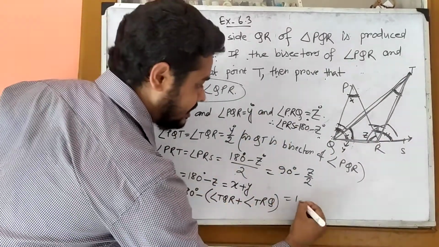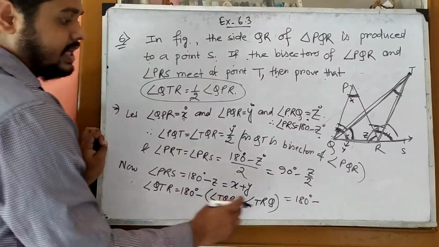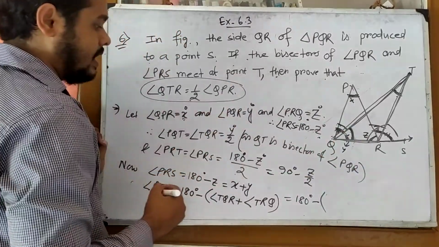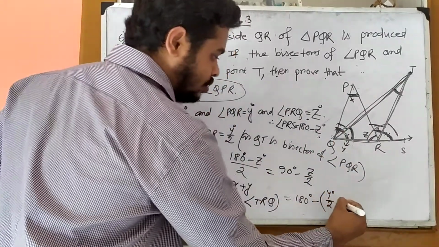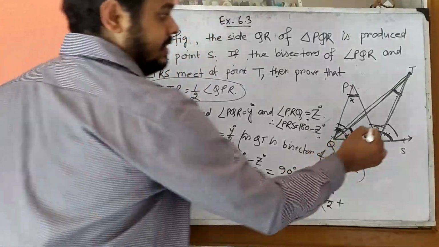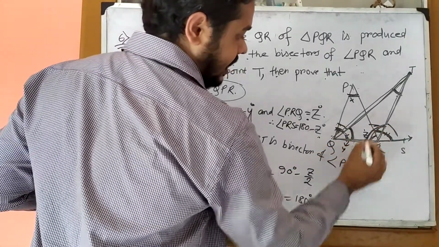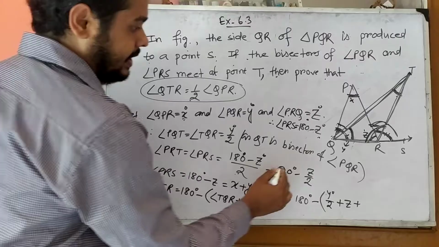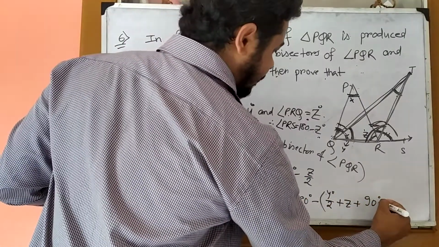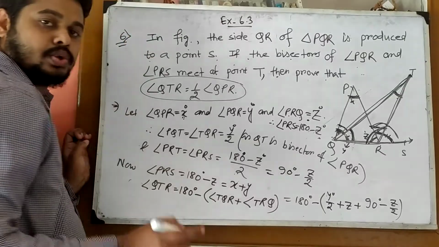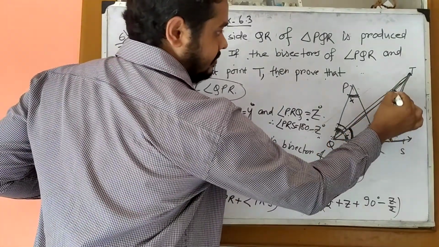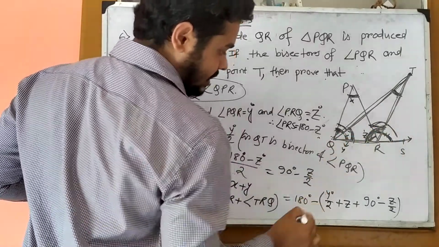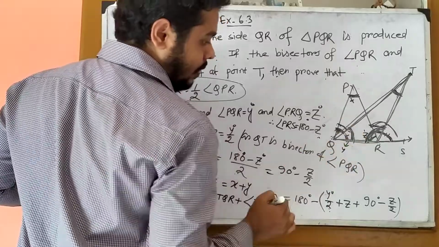Now TQR: the whole angle is y, therefore this portion is y by 2. I repeat once again: this angle equals 180 minus the sum of these two angles, and this portion is y by 2 because the whole angle is y.